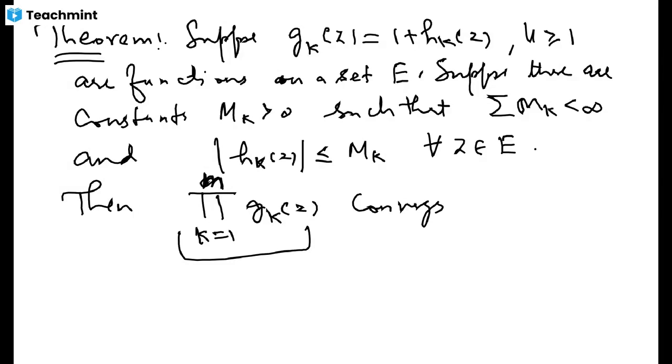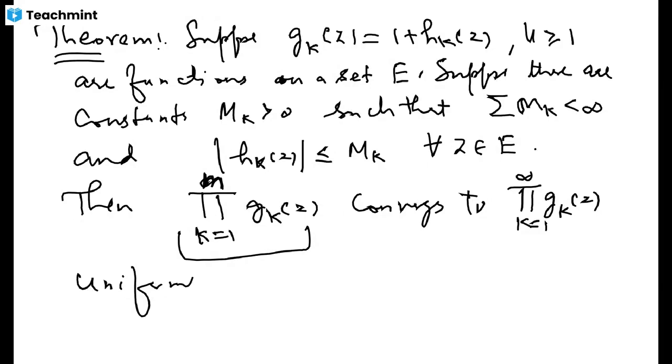It converges to this product g_k(z), k equals 1 to infinity, but it converges uniformly on E as m tends to infinity. So this is the context, that this is the Weierstrass-M test for product of functions.